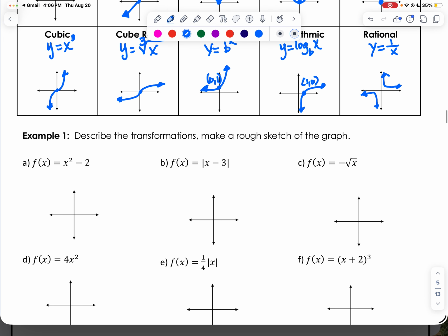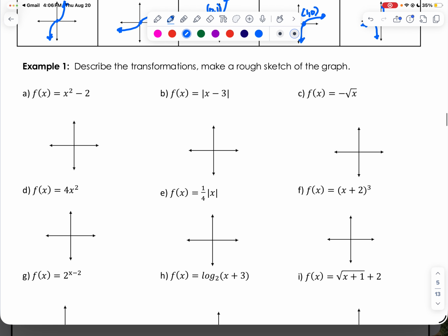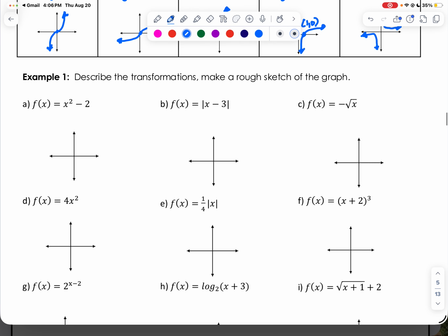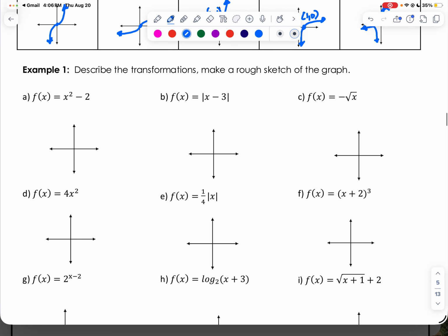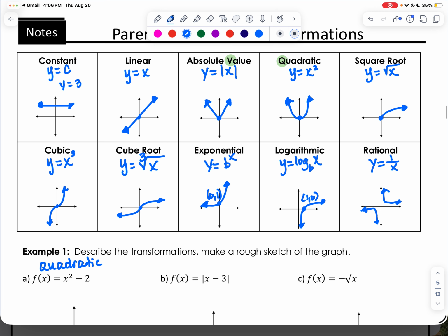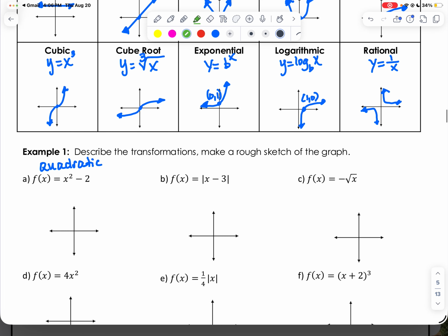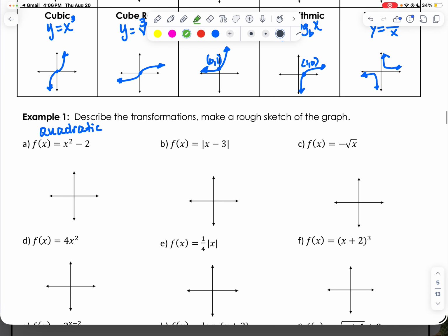Now, in example 1, it says, describe the transformations and then make a rough sketch of the graph. Now, in problem A, we have f of x equals x squared minus 2. So right away we know that this is a quadratic function. And you can tell by looking up at your chart. See where your chart had y equals x squared. In problem A, we have an x squared, all right?